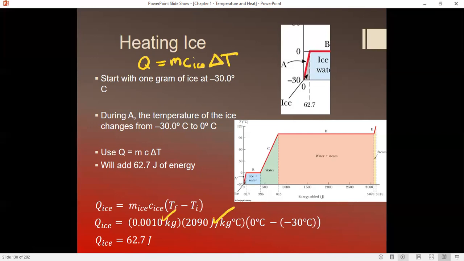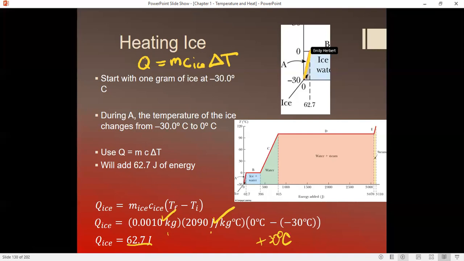It's remarkable that it's less than half the amount. And then again, we're going to go plus 30 degrees. So 10 to the minus 3 times 2 times 10 to the 3 times 30 gives me 62.7 joules.